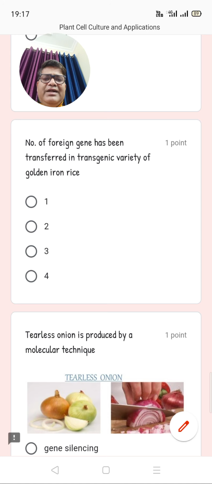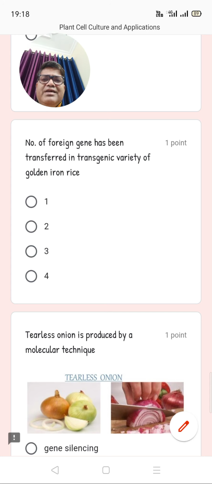Next, iron deficiency: due to deficiency of iron, people suffer from anemia. If such a variety is taken by poor people or their children, they will not suffer from diseases like anemia and night blindness.